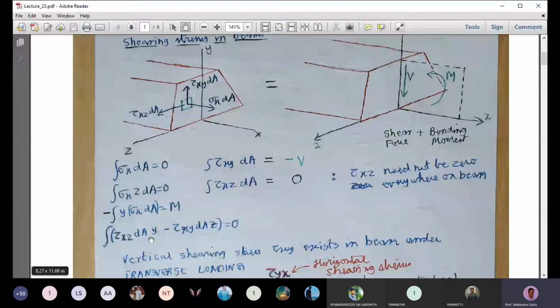So we have the equation integral of tau xz y dA minus tau xy z dA equal to 0. And we have two more equations: force equilibrium along the y direction and along the z direction. Force equilibrium along the y direction gives integral tau xy dA equal to minus V, because both are in opposite directions, so we write minus V. And the integral of tau xz dA is 0.